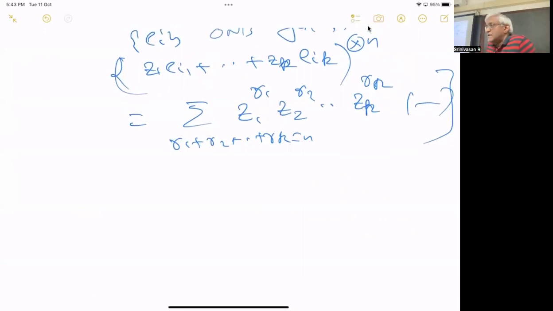If you are okay with this, I will go to the next proposition. Of course, as I said, any two Hilbert spaces are isomorphic as long as they are infinite dimensional and separable. But we want to identify them in a particular way.